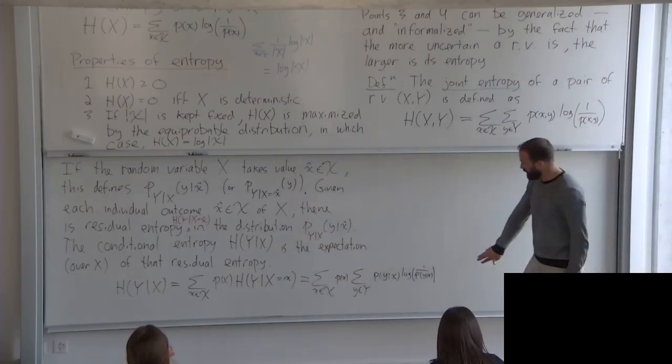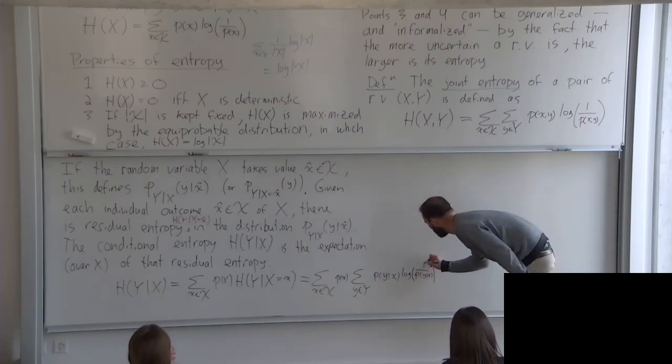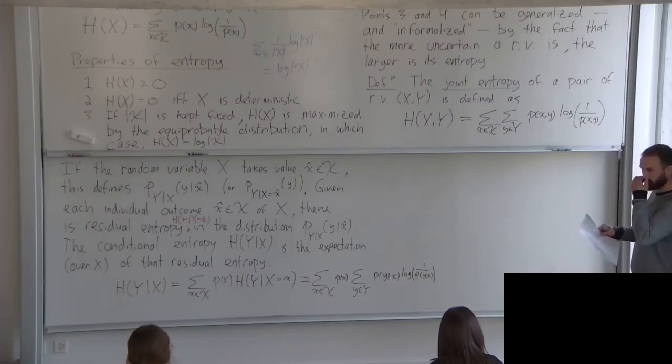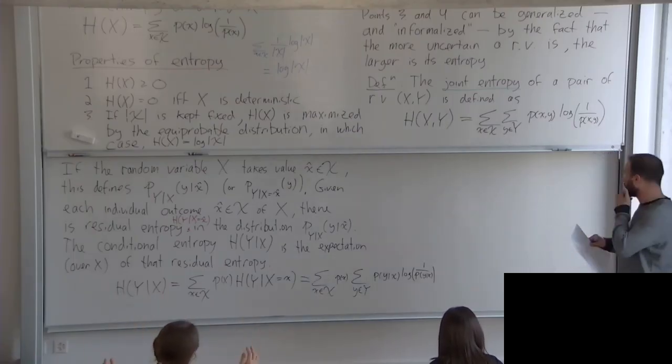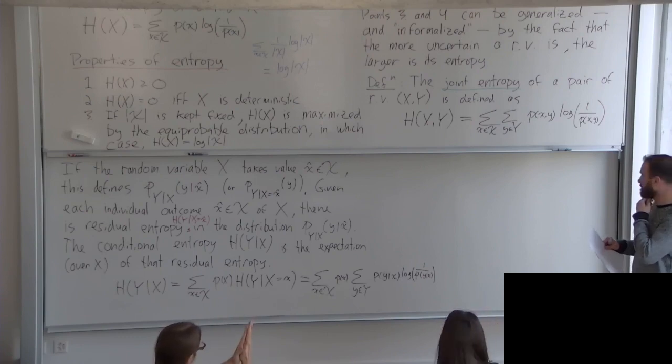So I wrote the residual entropy. Basically the inner sum in your array picture is like summing down the columns, and then the outer sum is summing over what's left, meaning the row.